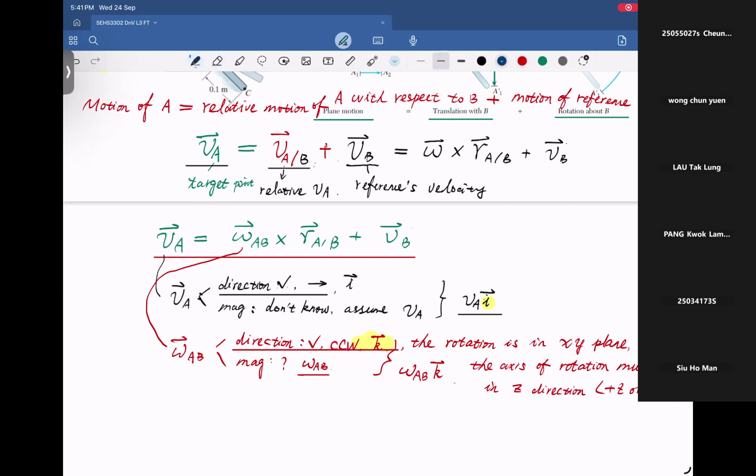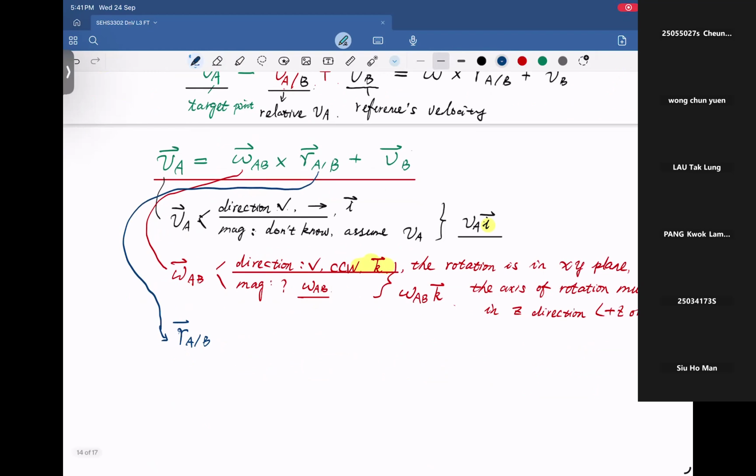The third one, with blue, is RAB. I just link it out here. RAB, RA taking B as the reference. B is the reference, also the initial point.